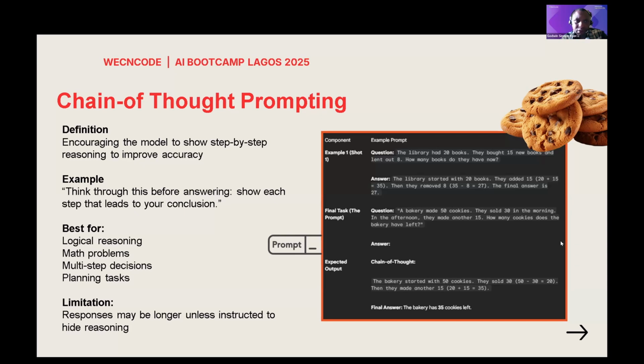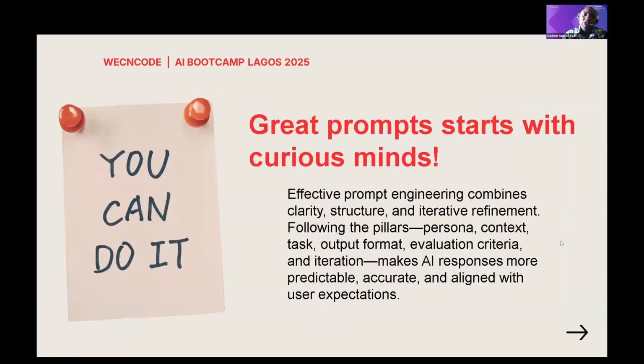All right, so great. Prompts start with curious minds. Effective prompt engineering combines clarity, structure, and iterative refinement, following the pillars: persona, context, task, output format, evaluation criteria, and iteration.